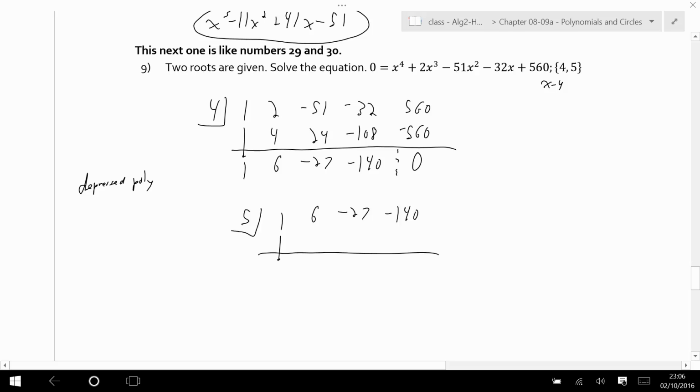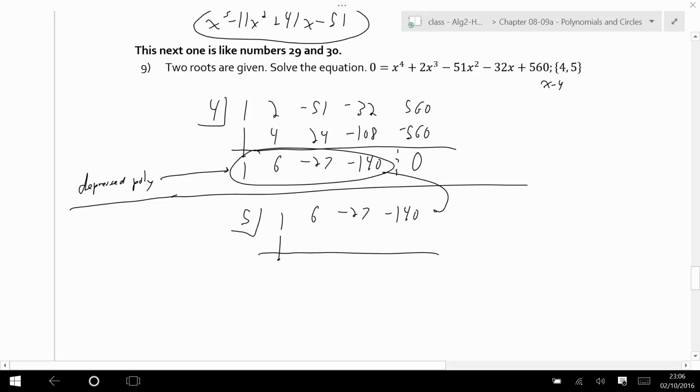I'm showing it like this because I'm trying to make you understand later that we actually did this as a separate step. I have the depressed polynomial here, and I'm going to use that to generate the second round. Because now I've already taken out a number, and I want to take out another number, but I don't want to write everything out again. So later I'll show you how you can do this in one step without rewriting all the coefficients.